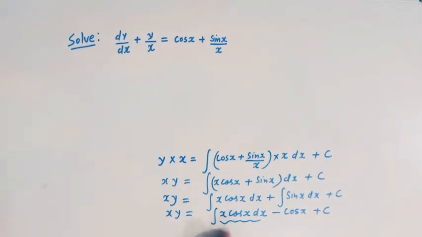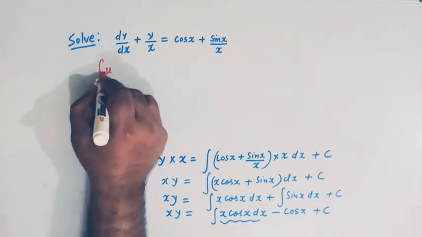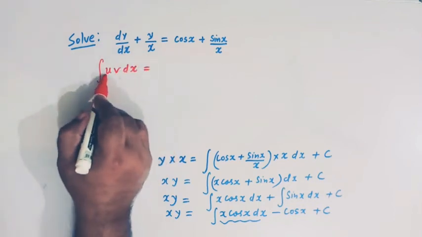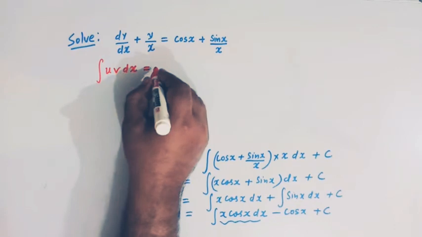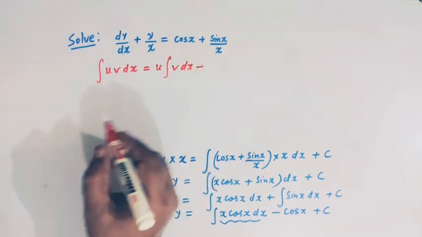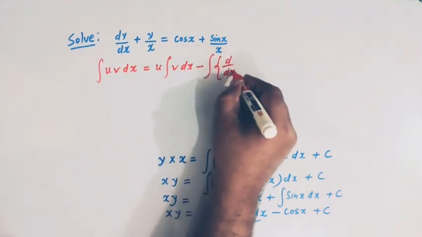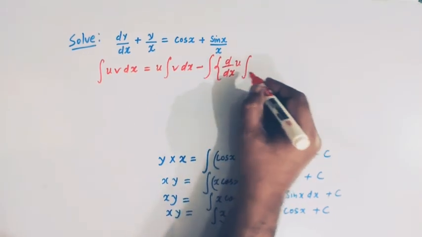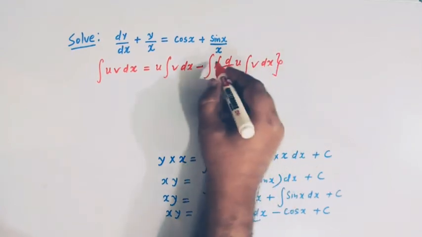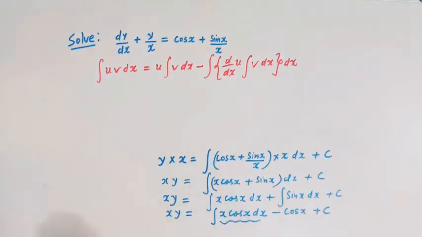So now viewers, we know the formula for integration by parts: if we have the product of two functions of x as u and v, and if we take u as the first function, then we have u times integral of v, and then we have minus integral of the derivative of u times integral of v, and then we integrate this whole quantity with respect to x, right?